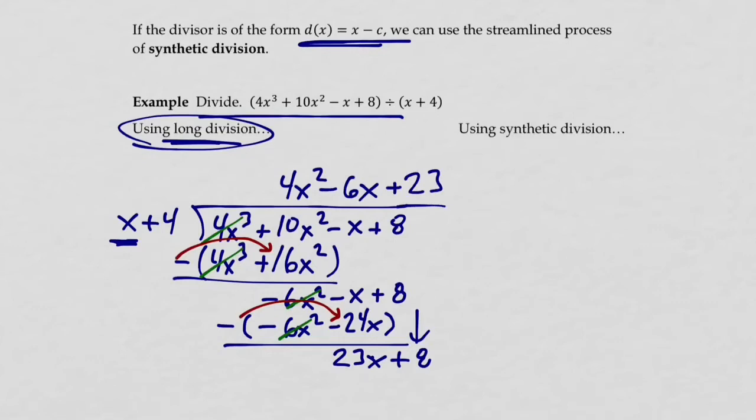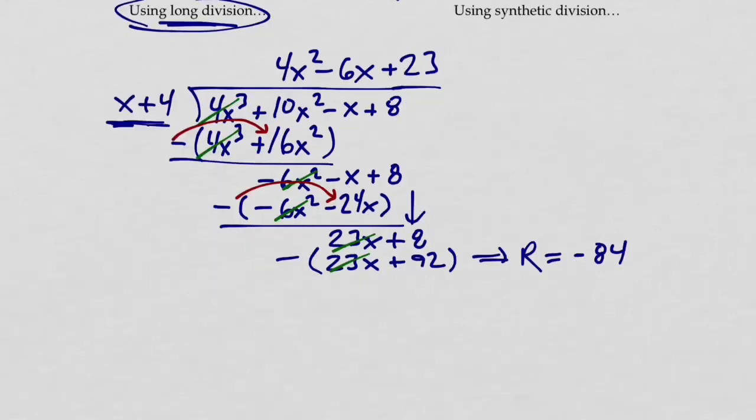Multiplying 23 by x plus 4, I get 23x plus 92. And I want to subtract that, and it gives us a remainder. Doing the subtraction, the 23x term will cancel, and subtracting 92 gives us a remainder of negative 84.